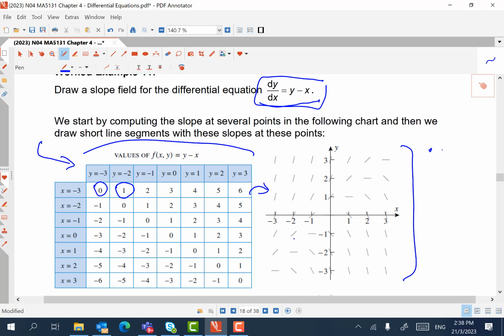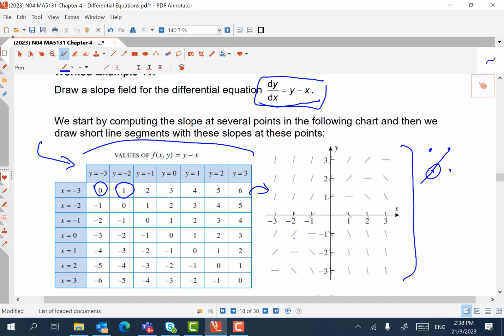Like say if we're given four dots, if at this dot here, you want to draw a gradient of 1, I want to make sure that the line is actually this direction. I will take a ruler to put over it and make sure that it is really inclined in that direction. If anything falls short of it, therefore you're not drawing it carefully. You know what I mean? So to get full credits for the slope field, you have to be very mindful that you must draw it carefully. For gradient of 1 is not too bad. But for things like gradient of 2 and so on, it may be harder, but it is achievable.